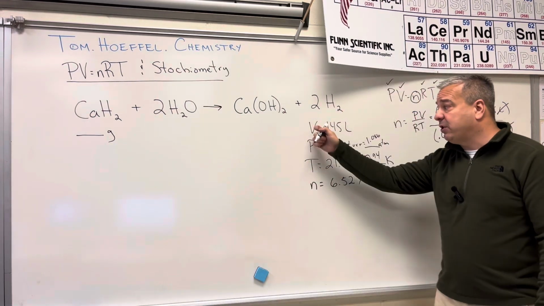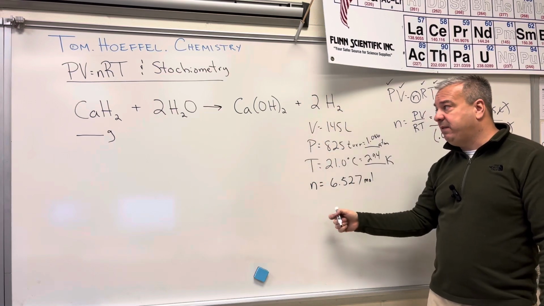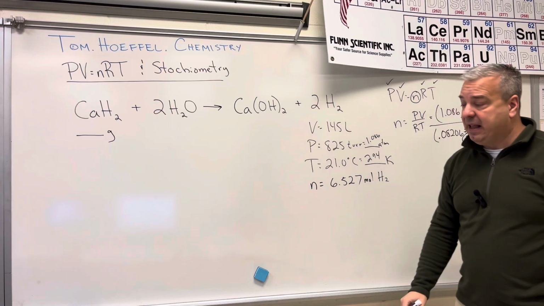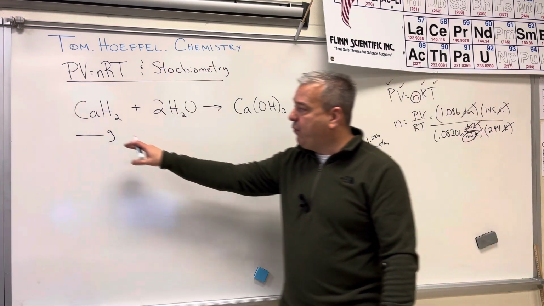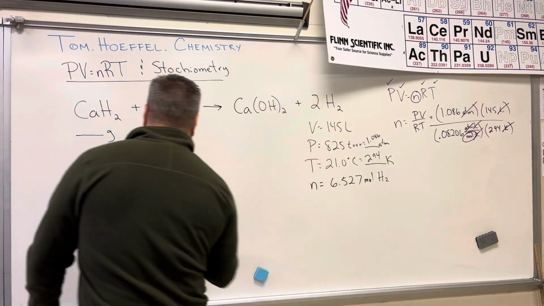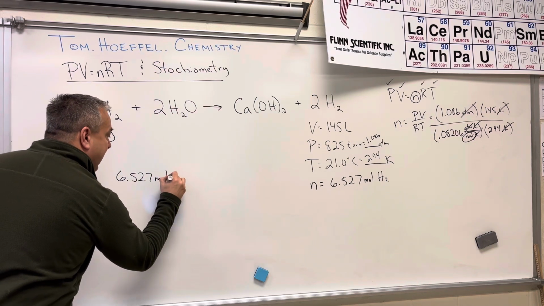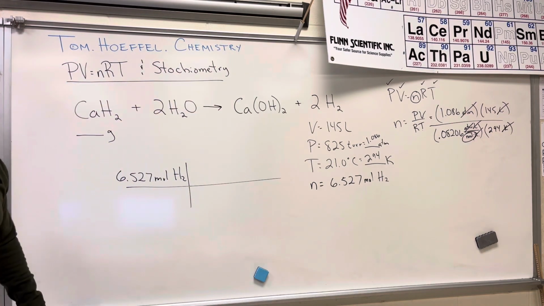Well, if we're talking about the volume, pressure, and temperature of hydrogen, when we use PV equals nRT, this is going to be moles of hydrogen. And I now need to figure out how to get moles of hydrogen over here to grams of calcium hydride. So I'm going to take that 6.527 moles of hydrogen, and I'm going to convert using my train tracks.